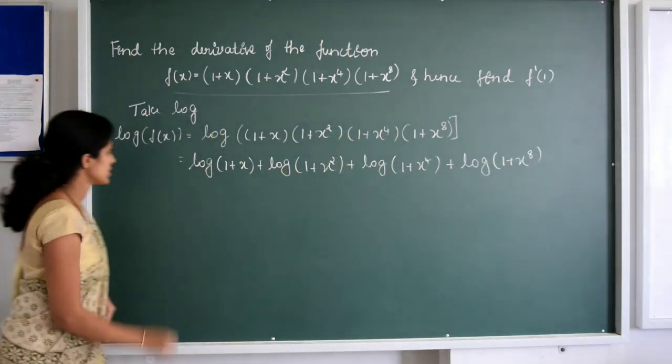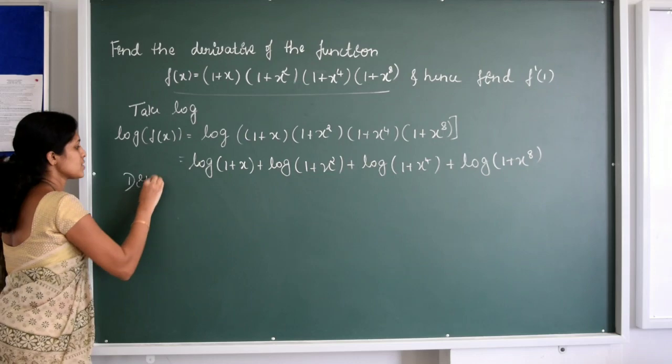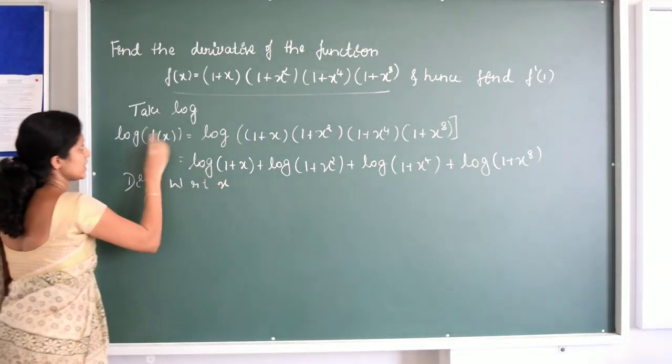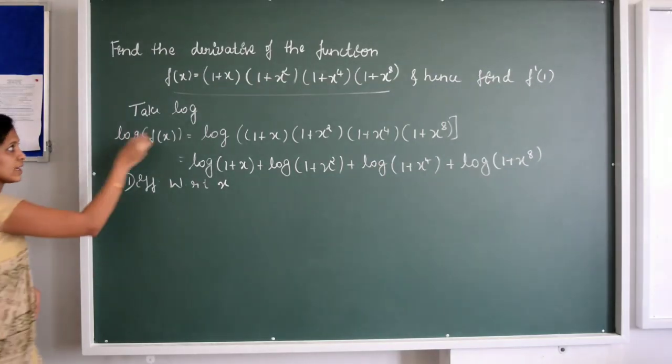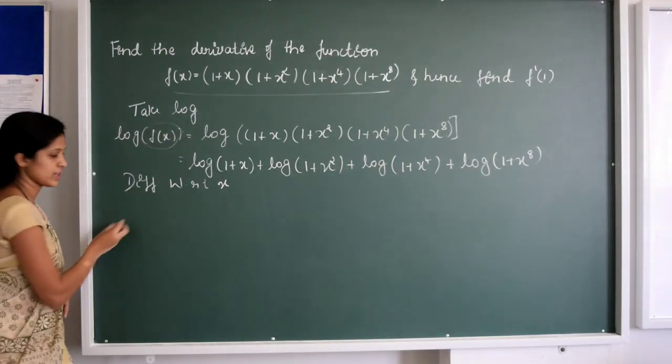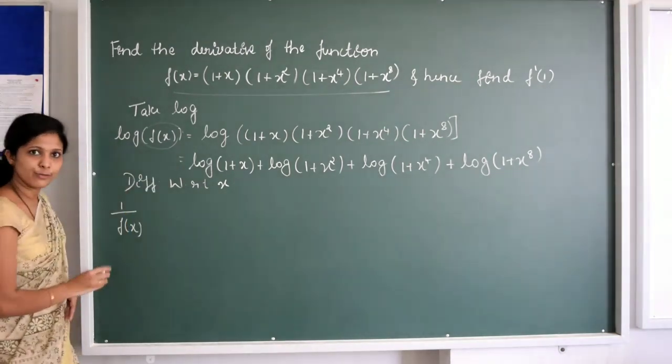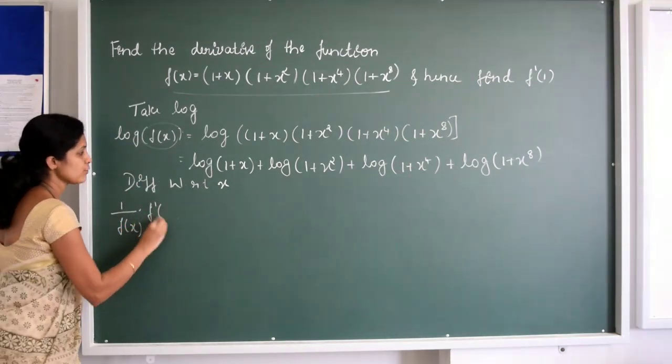So now we differentiate this one with respect to x. Derivative of log of f of x: in the place of x, here we have f of x, so this is now 1 by f of x into derivative of f of x, which is f dash of x.